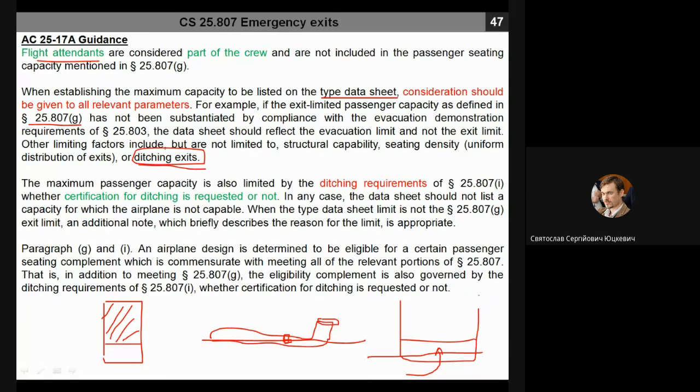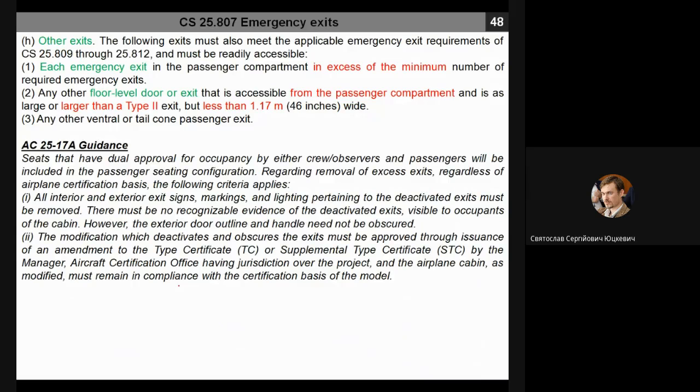It's another example of a ditching door approval solution. So according to that, we have some limitations, and we must take them into account for the determination of the number of passengers or the boards that could go through any exits.